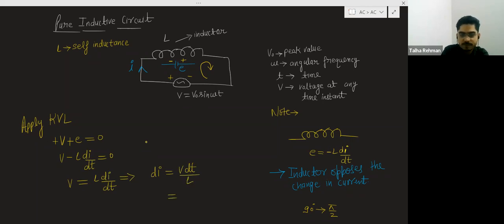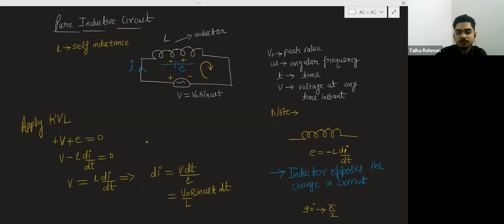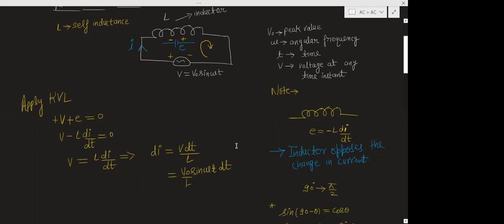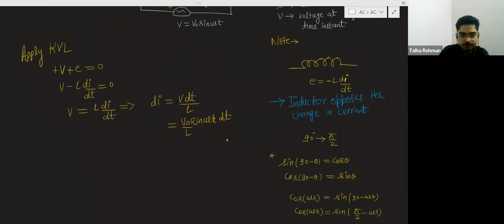What is V? V is equal to V naught sin omega t, and dt by L. This is di, the small current.